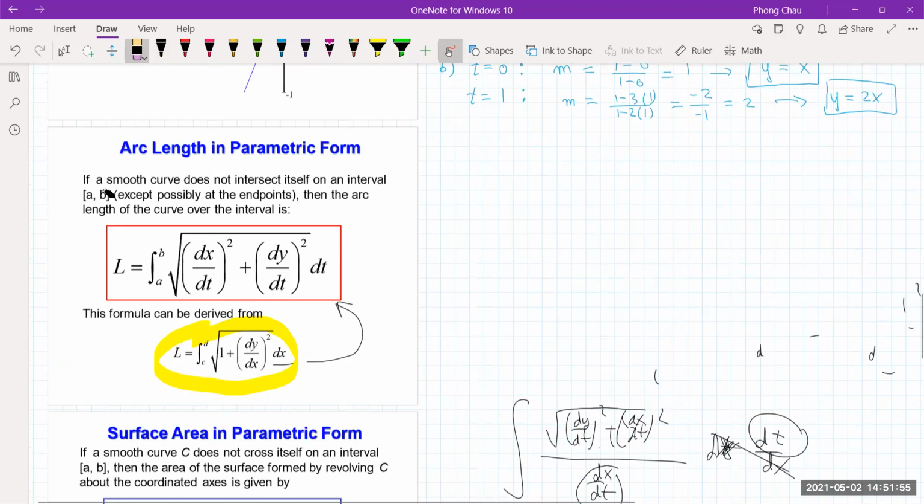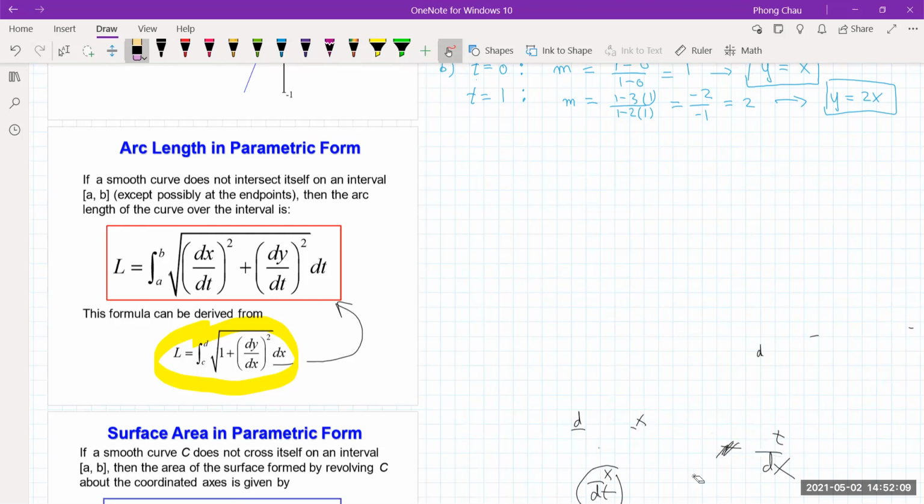So formally, if a smooth curve does not intersect itself on the interval from A to B, except possibly at the endpoints, then the arc length is given by this formula, right? Okay, so it should be easy though to memorize. It's just the derivative of x squared plus derivative of y squared.